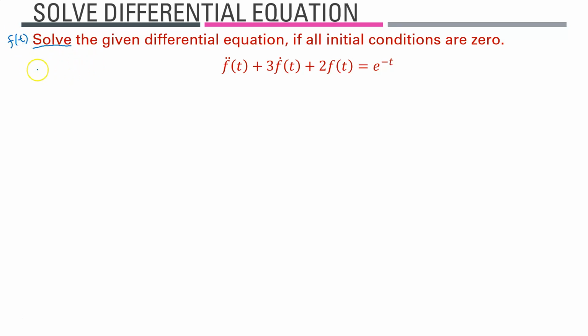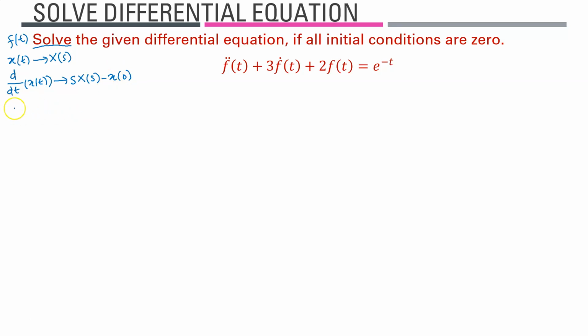So to solve this problem, we have to apply the differentiation property of the Laplace transform. If you still remember, for the differentiation property, we have, let's say, x of t. If we do the Laplace transform, we will have X of s. If we have first order differentiation, d over dt of x of t, then the Laplace transform will be s X of s minus x of 0.